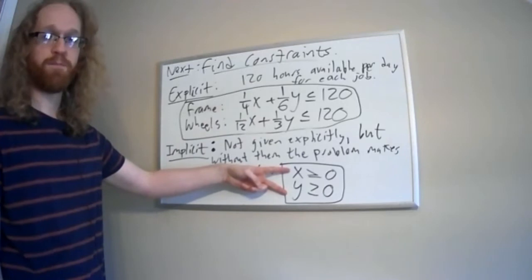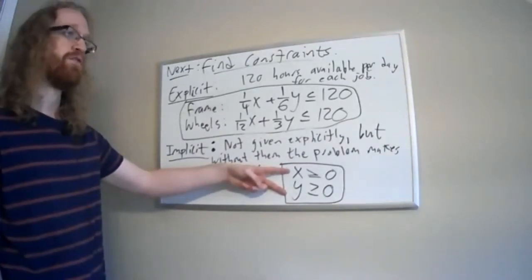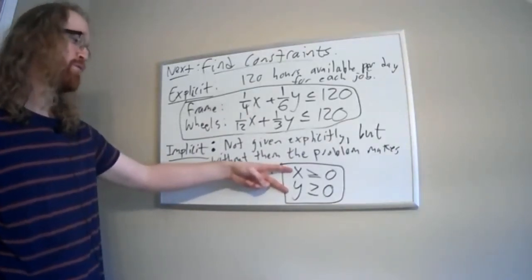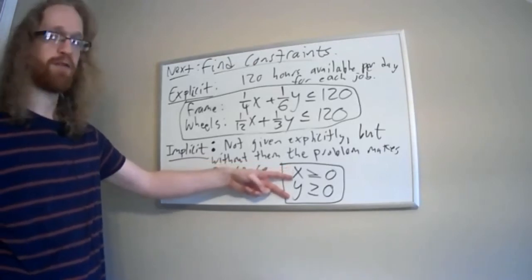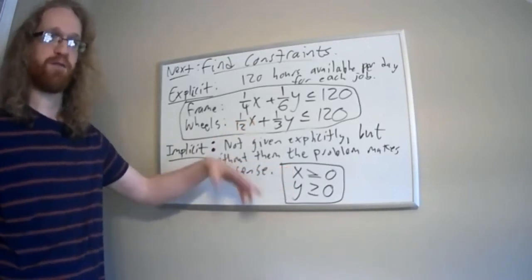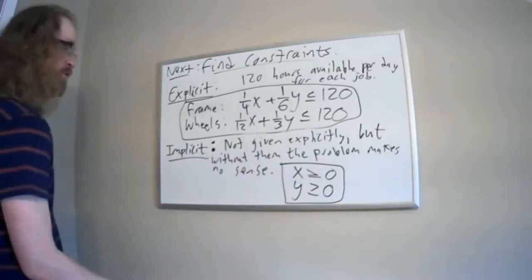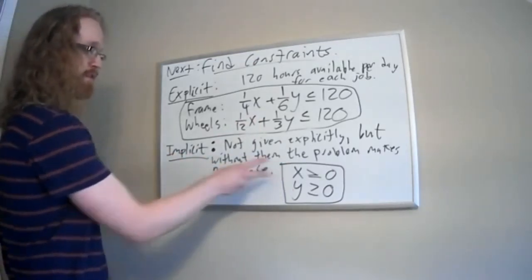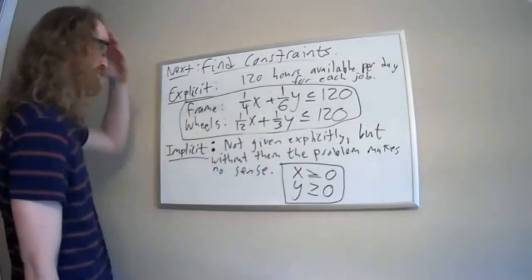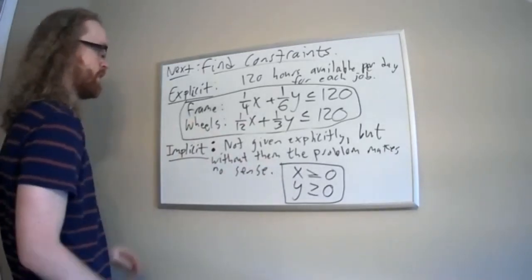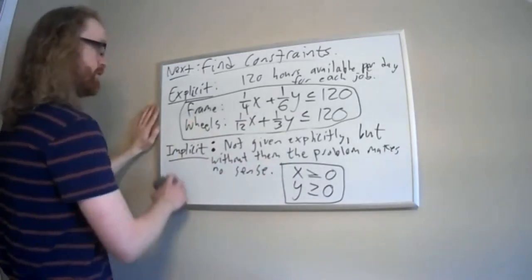We can't forget these. I've had many students in the past come to me complaining that they couldn't solve a problem. They kept getting the wrong answer, and it turned out they forgot to include their implicit constraints, and that fixed everything. So remember your implicit constraints. They are the things that we need to make sure that the variables even make sense for a real world situation.